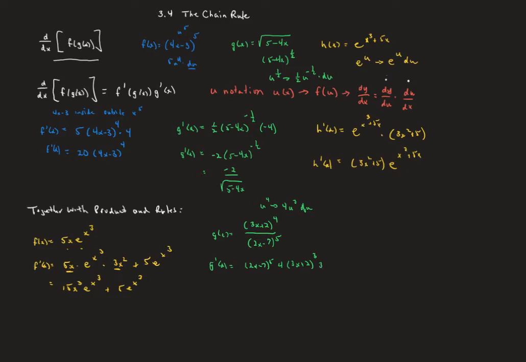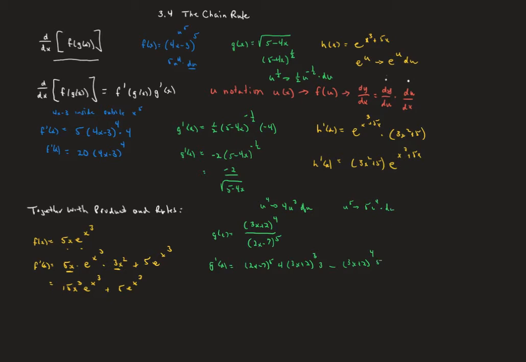Denominator times derivative of the numerator minus the numerator, that's (3x plus 2) to the fourth, times the derivative of the denominator, that's going to be, here's another chain rule. So now we have a u to the fifth, so we're going to get 5u to the fourth times du, the derivative of that inside function.